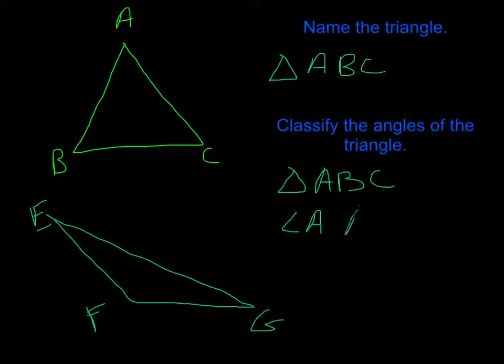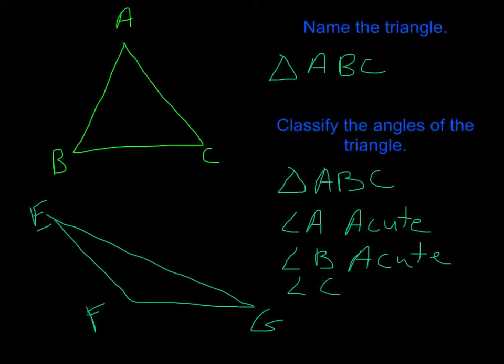So I'm going to say it is acute, A-C-U-T-E, acute. Angle B is also acute. And angle C is also acute. So triangle ABC would be a completely acute triangle.